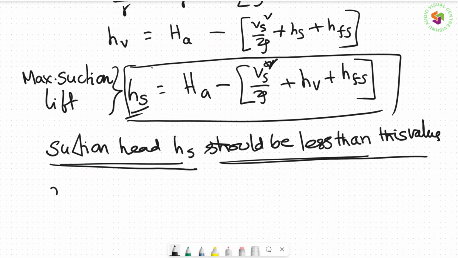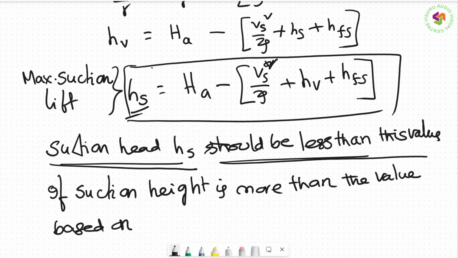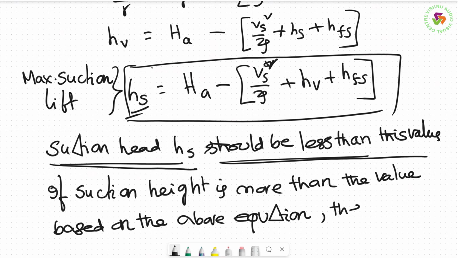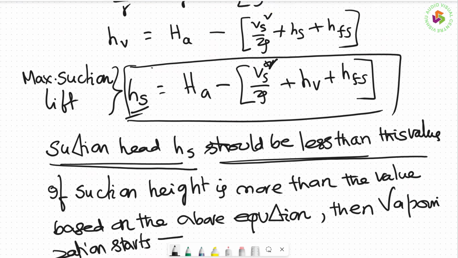If the suction height is more than the value based on the above equation, then vaporization starts, which leads to cavitation. So this is the important point.